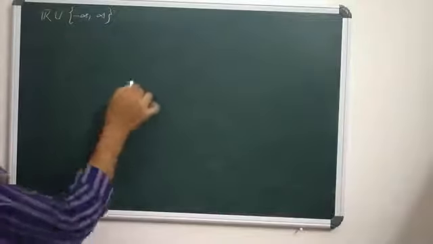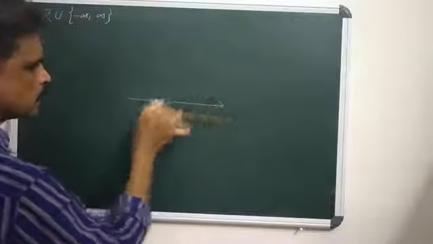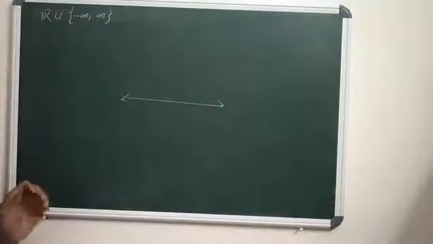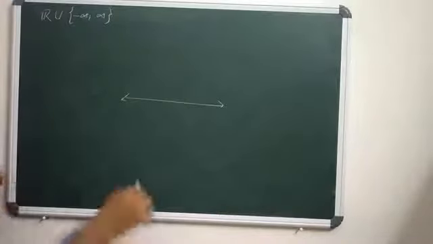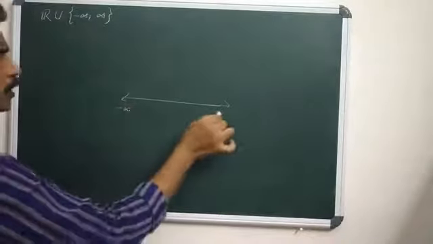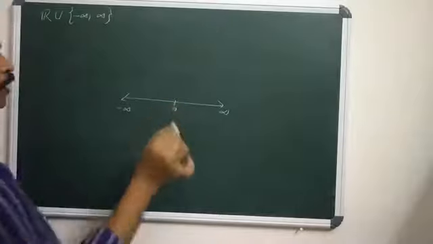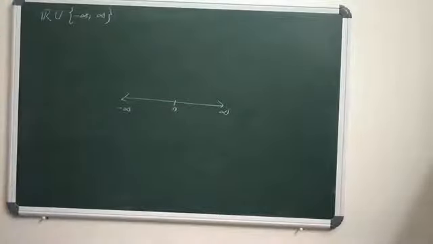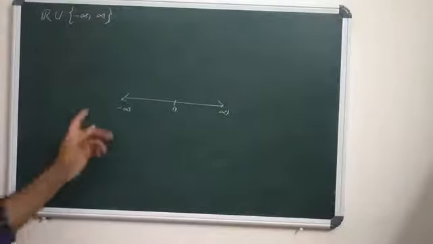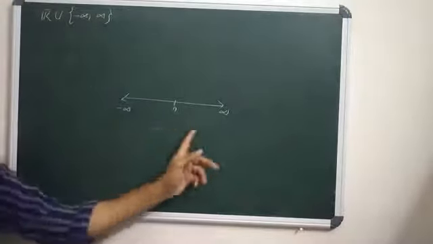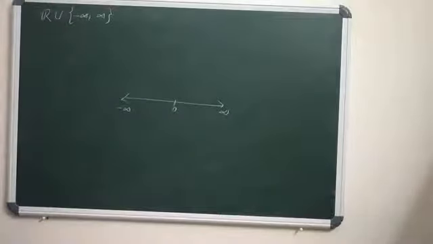We can represent it geometrically in this way: from minus infinity to infinity. Minus infinity and infinity are not real numbers, they are merely symbols. So this is the geometrical interpretation of the real number system, and this is known as a real line.